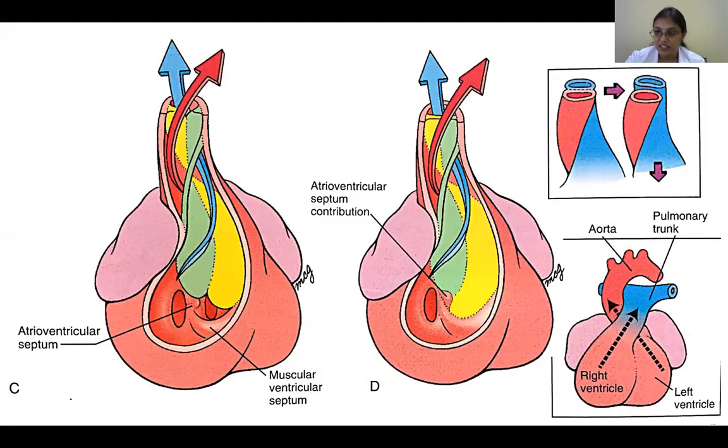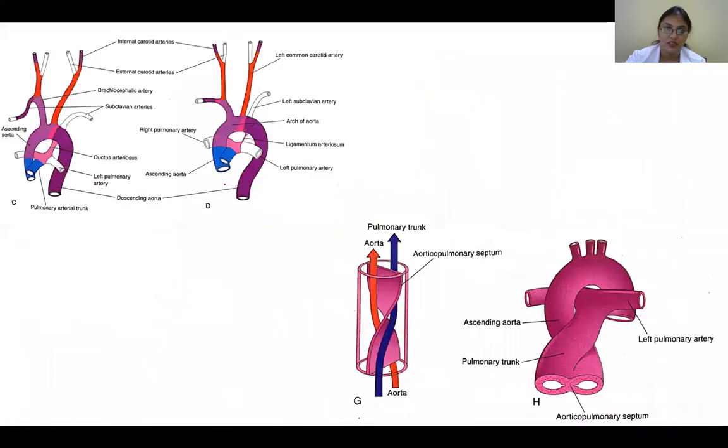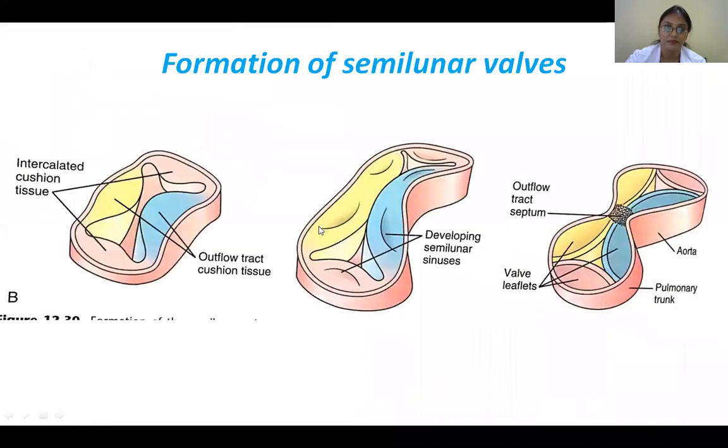So because of this wedge-shaped tissue, the rest of the arches have connected with this, whereas this one has separated the pulmonary trunk. The two arteries are connected with your pulmonary trunk. Okay, and then here, you can see the spiraling septum, and the two trunks forming here. So that's about the truncus arteriosus.